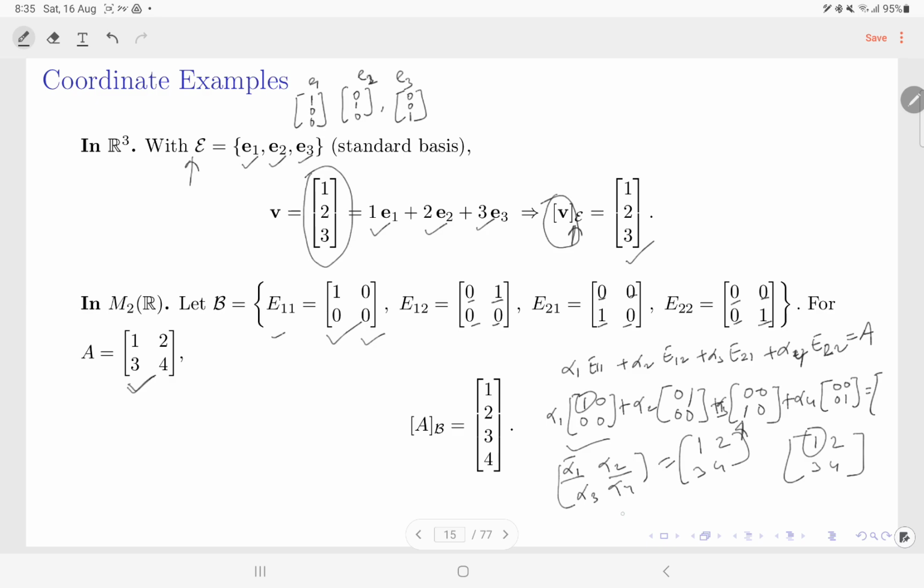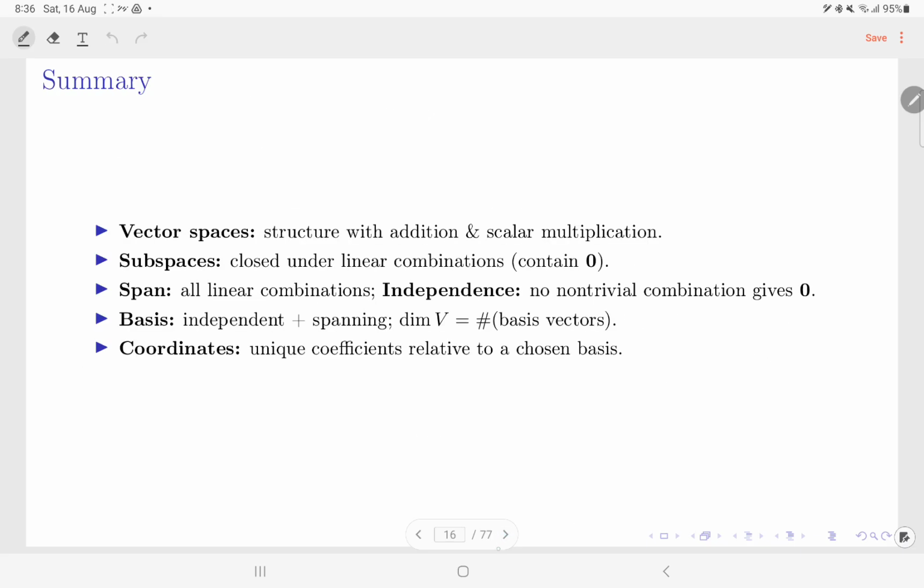Now compare each element of the matrix and you will get this. So this is your alpha 1, this is your alpha 2, this is your alpha 3 and this is your alpha 4. Just solve this equation and you will get alpha. Of course this is a simple comparison, and you have to do it for such examples every time.